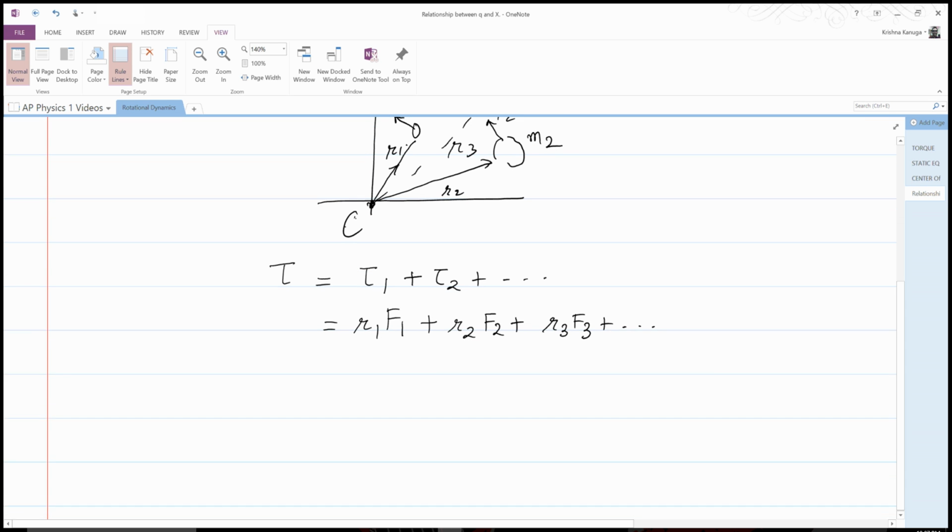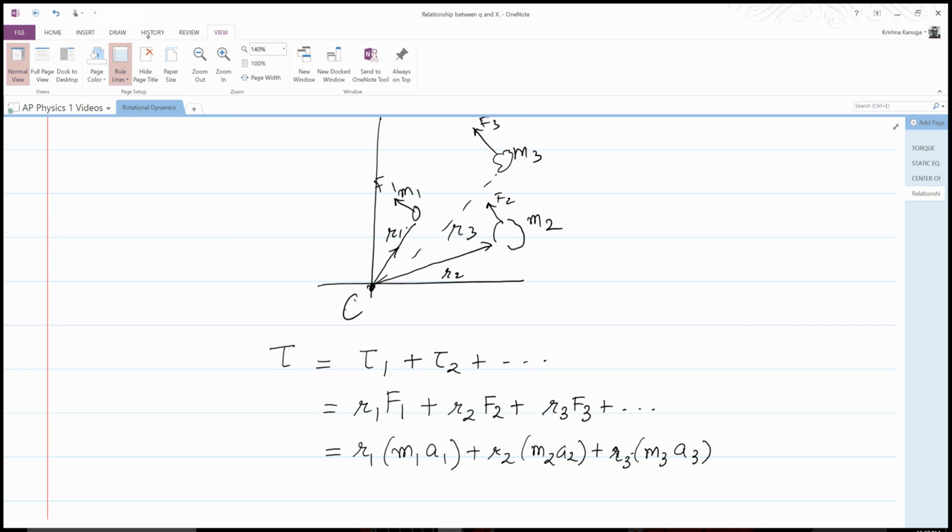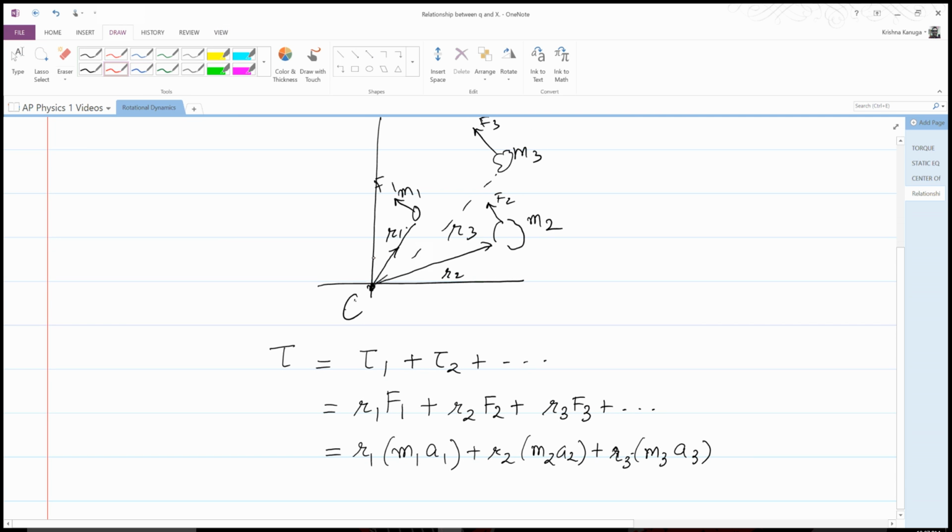Now, according to Newton's law, each of the forces is equal to the mass times the acceleration. So r1 times m1 times a1 for the first one, r2 times m2 times a2 for the second one, and let's also write the third term, r3 times m3 times a3. Now we also know for the entire system that the angular acceleration itself is fixed.